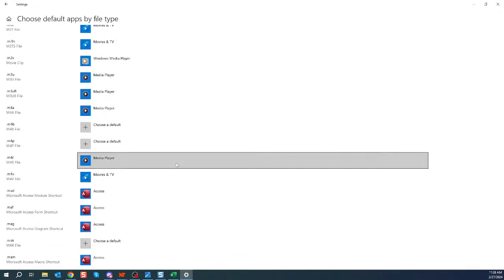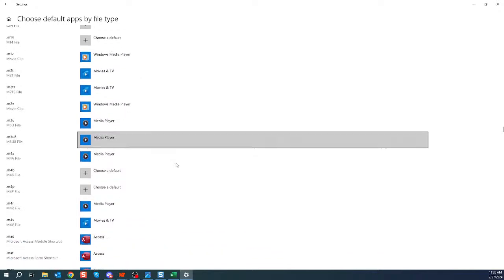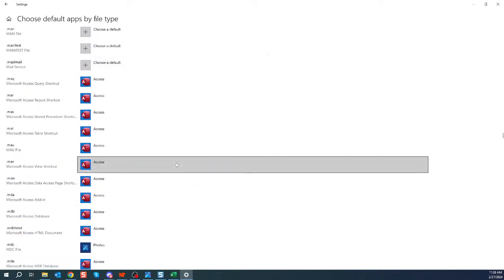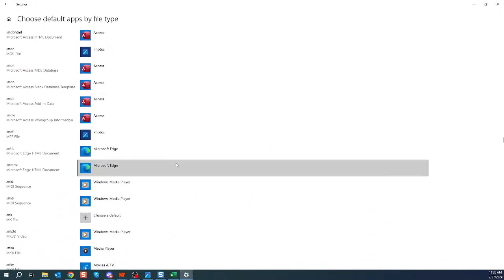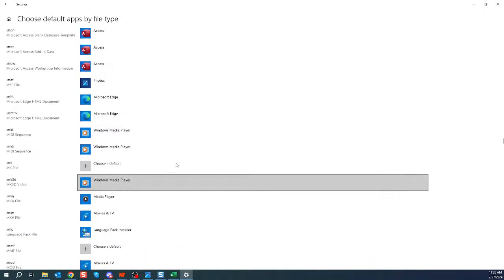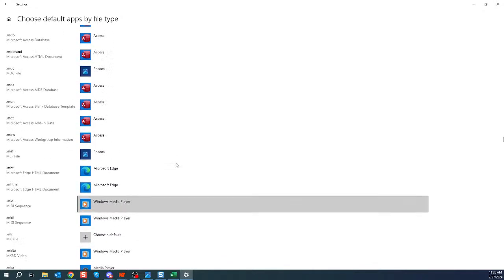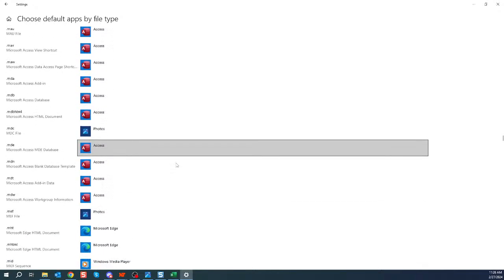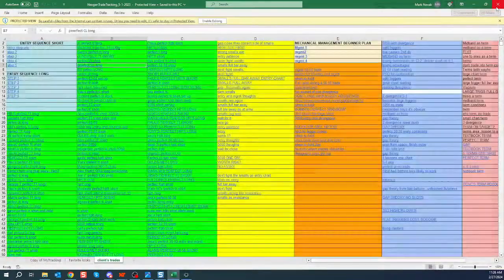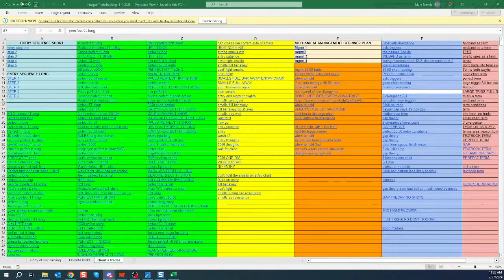Microsoft Access. We're going to find this. Microsoft Edge. Son of a gun. It won't let you download it at all? Gosh, I need a tech guy here. I'm trying. I've never had to go through this.